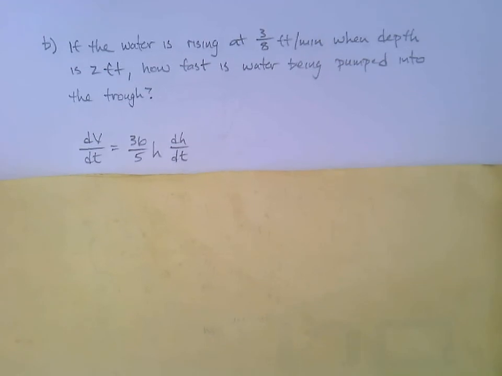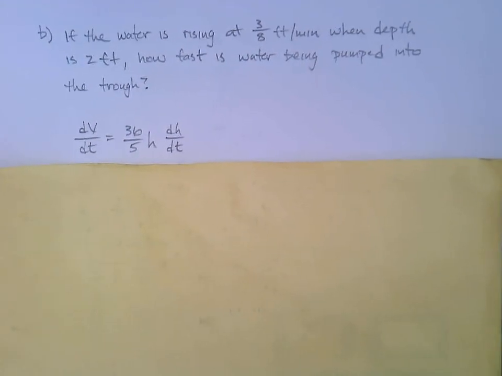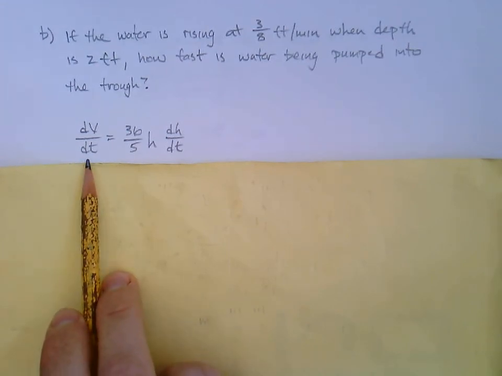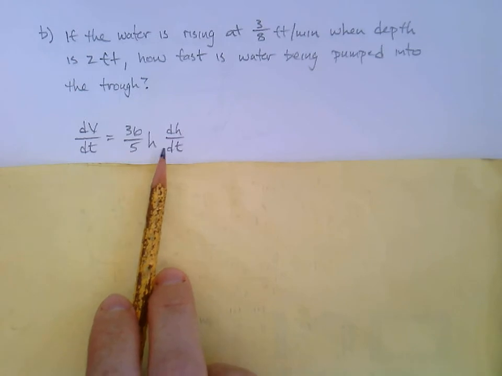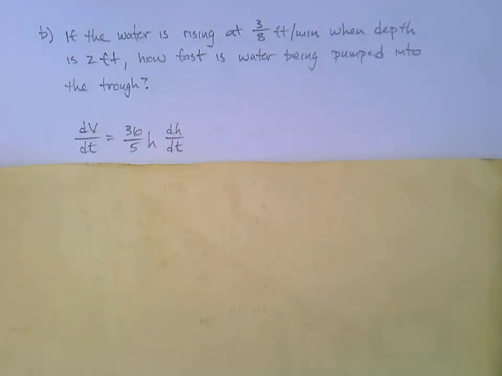So we don't have to bother finding the equation relating volume and height again. We don't even have to bother redoing the derivatives with respect to t. We know it's based on dV/dt equals 36/5 h dh/dt. We're just going to change what we know and what we're looking for.